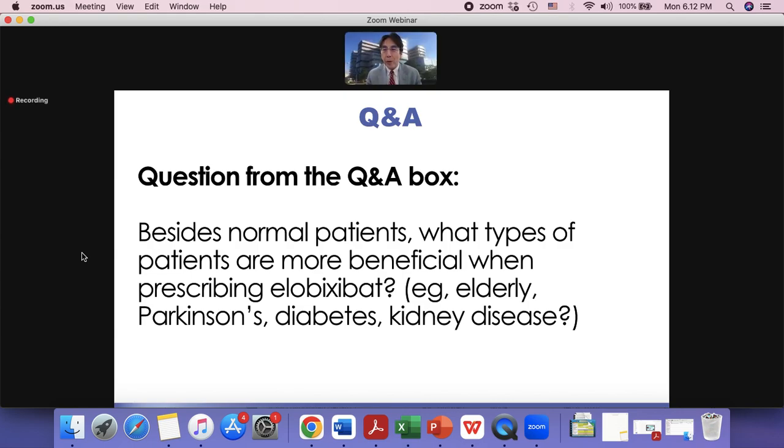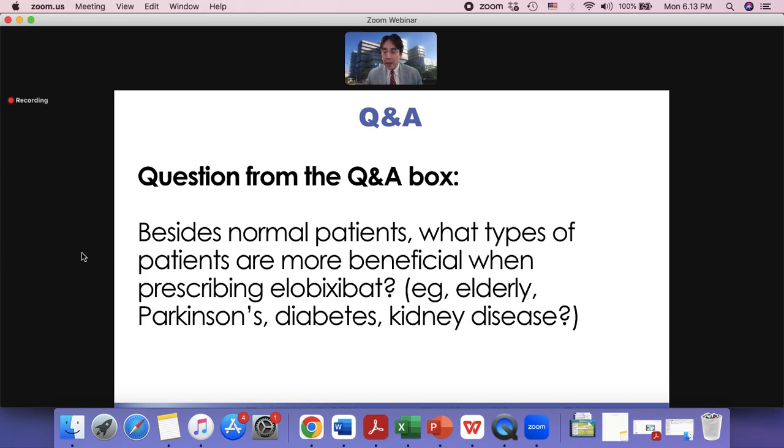The Elobixibat has a good effect for diabetes, Parkinson's disease, and kidney disease because the Elobixibat has a dual action. So it increases colonic motility and secretes water in the colon.